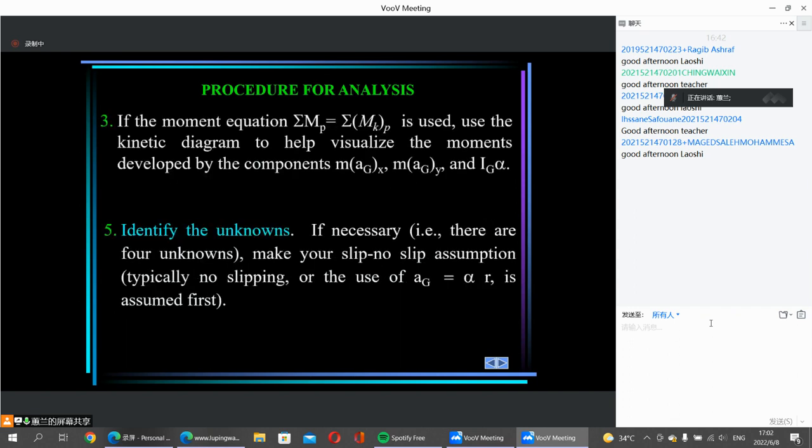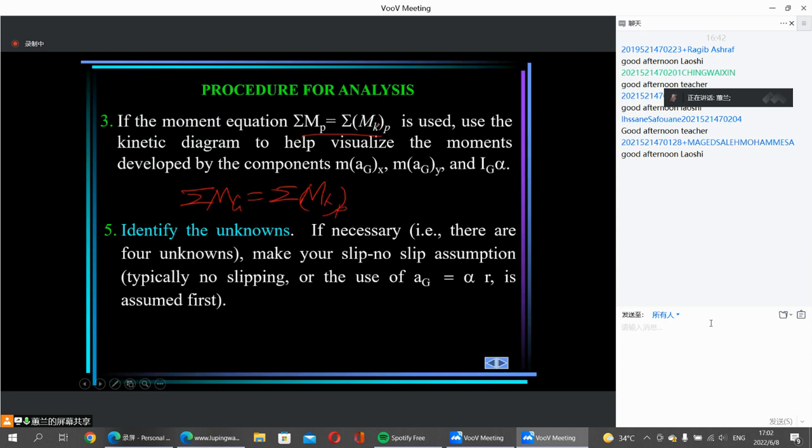After you have the FBD and KD, again, we said they are two equivalent force systems, so they should have the same resultant force and the same moment about any point. So sometimes you can use the moment about the mass center or the moment about any point.